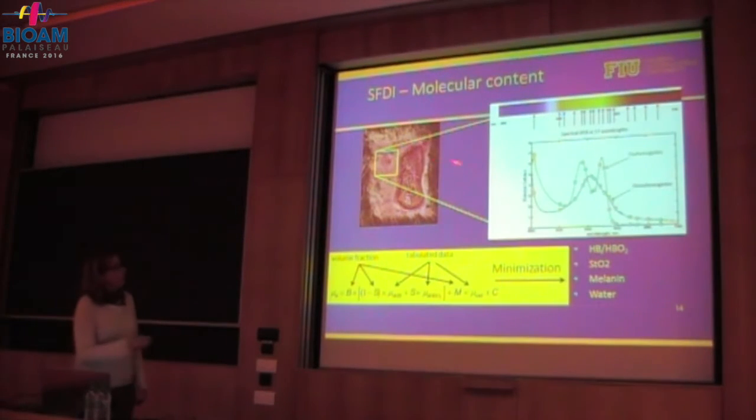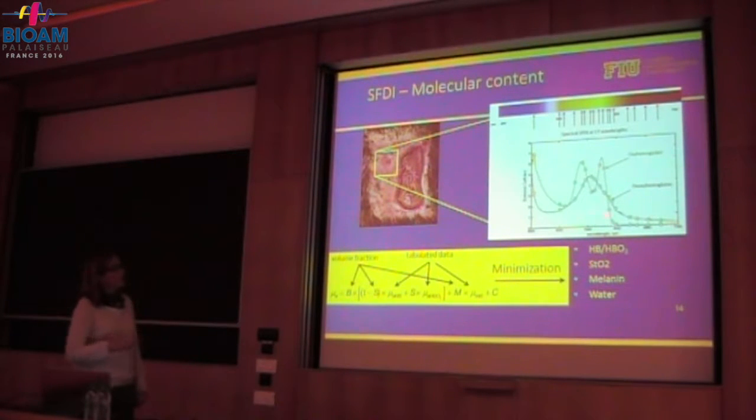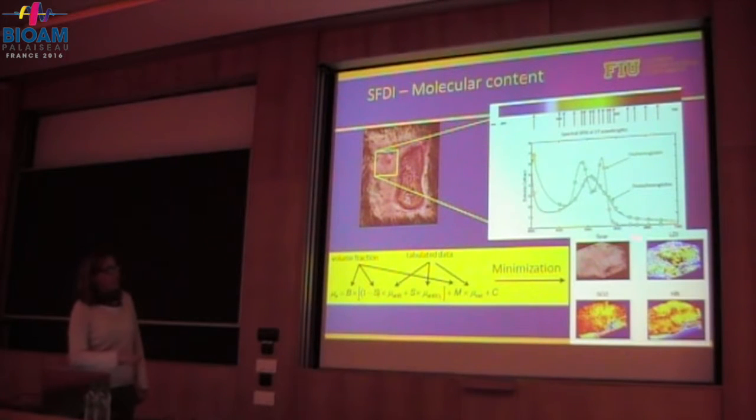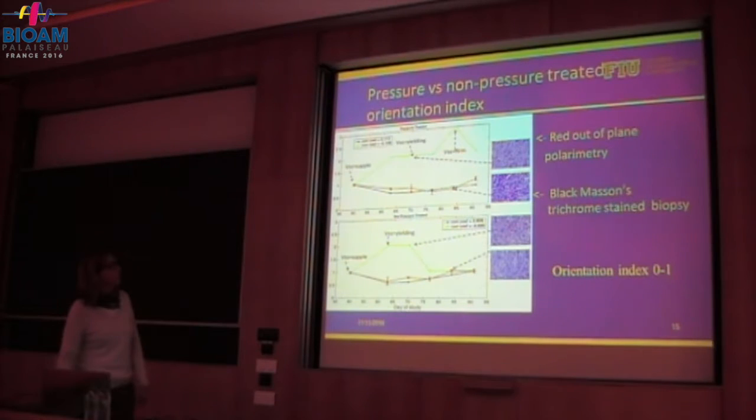And ultimately, we looked at molecular components, deoxyhemoglobin, melanin, and water content for the scars themselves, getting maps of these parameters, and ultimately trying to quantify their effect.